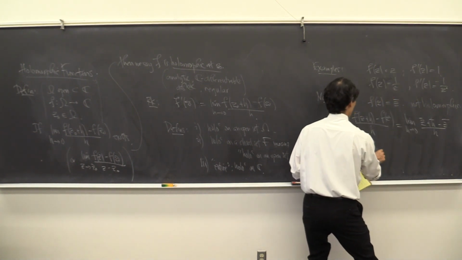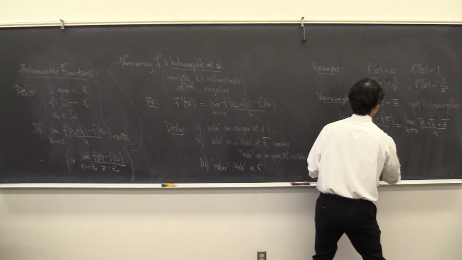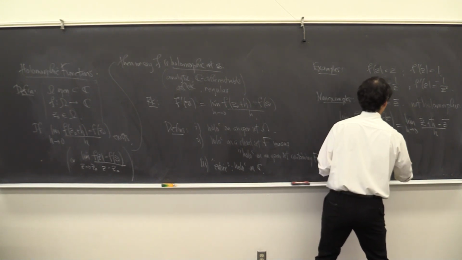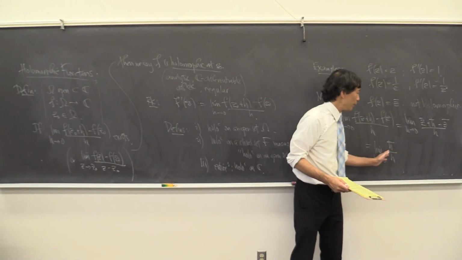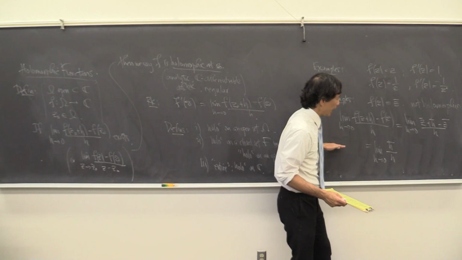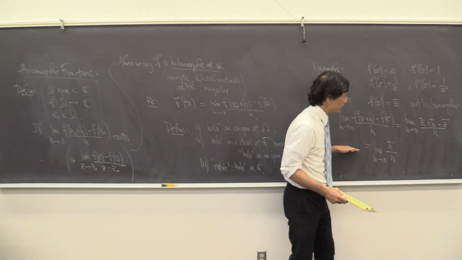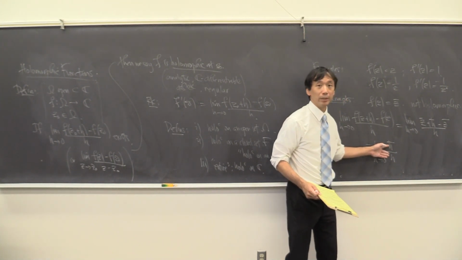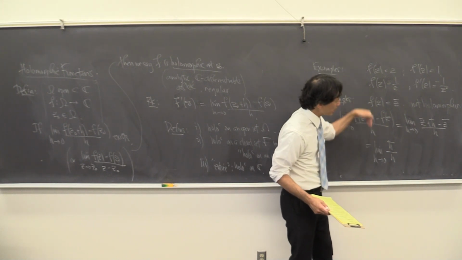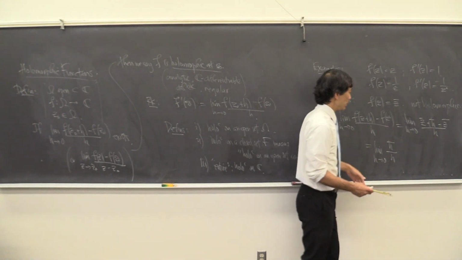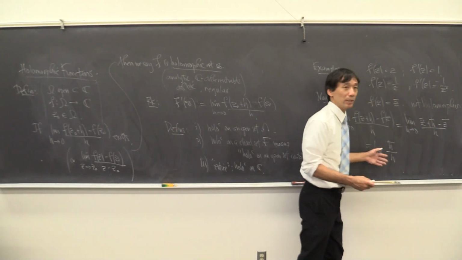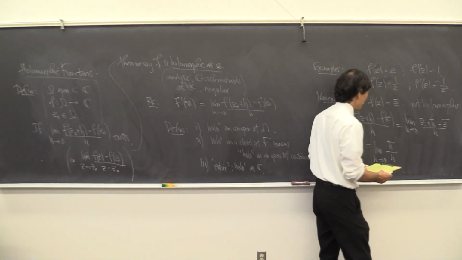In other words, the limit of h̄/h as h goes to 0. If you let h approach 0 along the real axis, that's going to be 1. But if you let h approach 0 along the imaginary axis, that's going to be -1. So the limit doesn't exist.